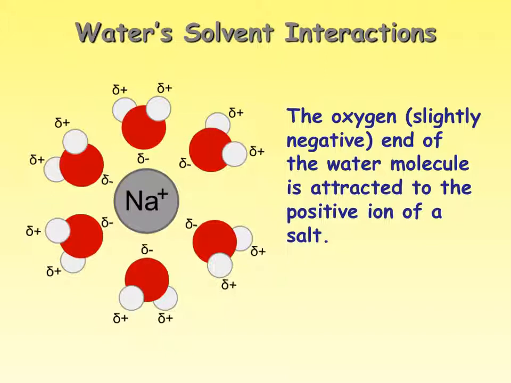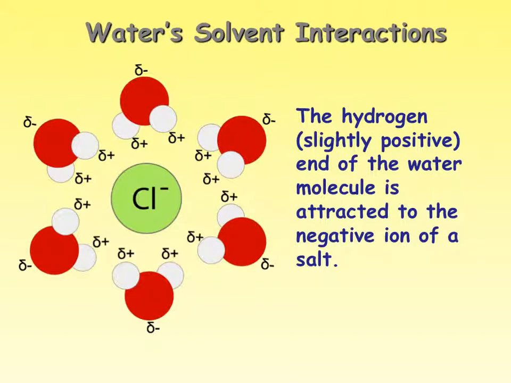So if you put an ionic compound inside, the slightly negative end of the water is going to attract the positive ion and separate it from the negative ion. And opposite of that, the slightly positive hydrogen end of water is going to attract and separate the negative ion.